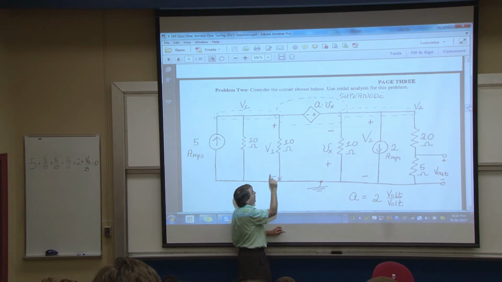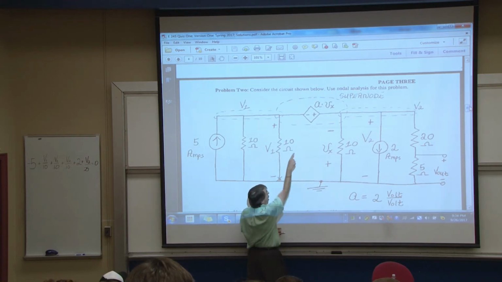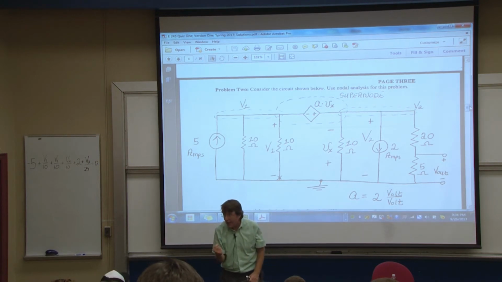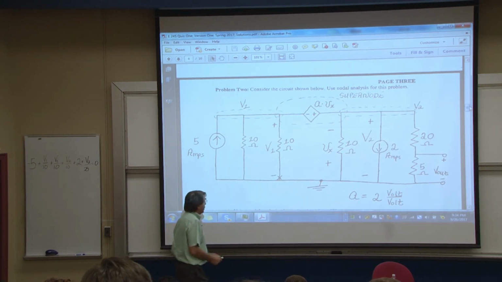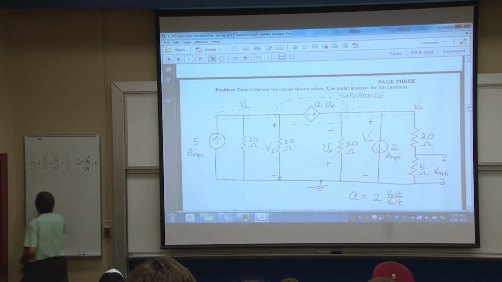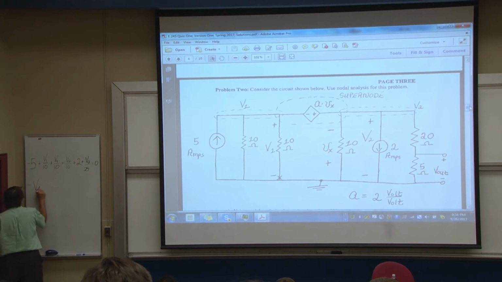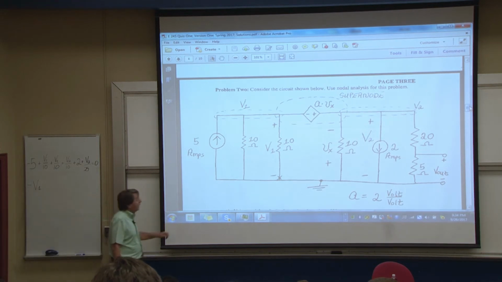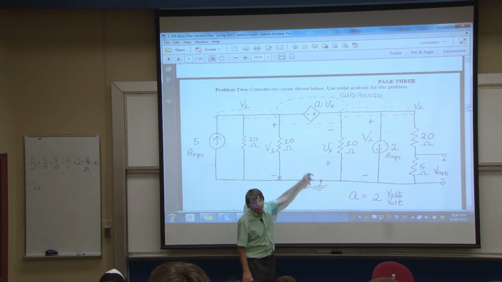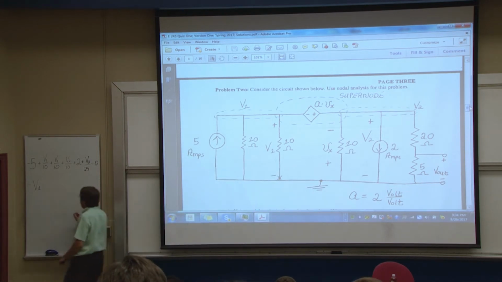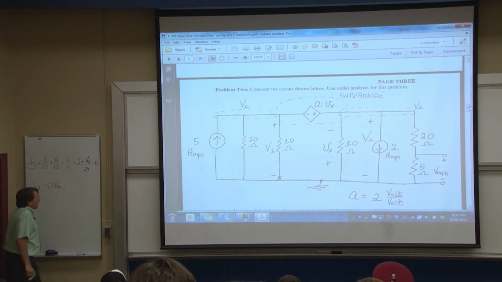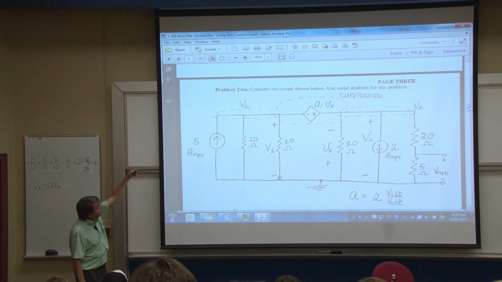So now, I put an X here. I start here, and my goal is to walk through that node, that dependent source, so I can get an equation for it. So I start here, I get minus V1. Minus AVX. Then I come down.